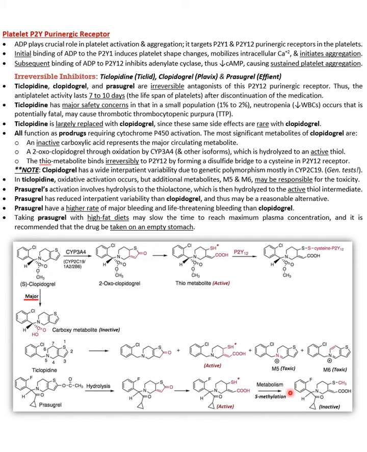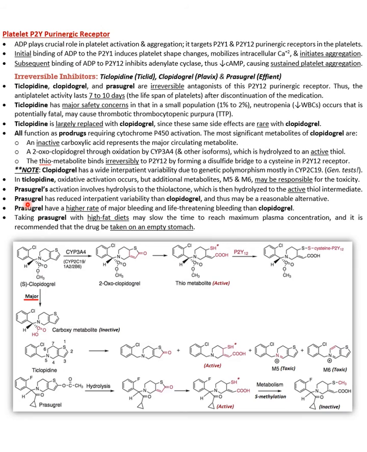And then there's one step further here that shows that this product is later on metabolized by S-methylation, hence the addition of the S. So I guess the ones that are left over, they did not interact with the receptor. The ones that are left, they are metabolized and excreted, and they are in the inactive form.